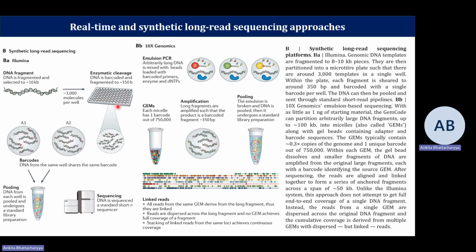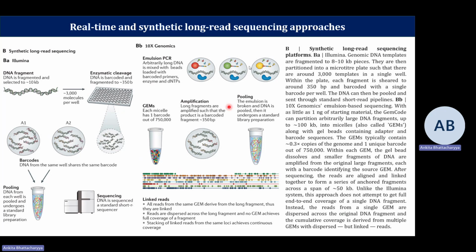The barcoding is carried out in a manner where, within the same well, all of the DNA sequences carry the same barcodes, and then they can be traced back. But what you're actually doing is dividing a particular region into much smaller sequences, which can then be read in a lot of intricate depth.